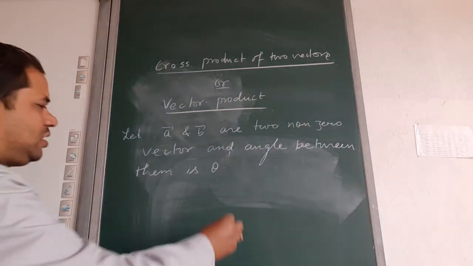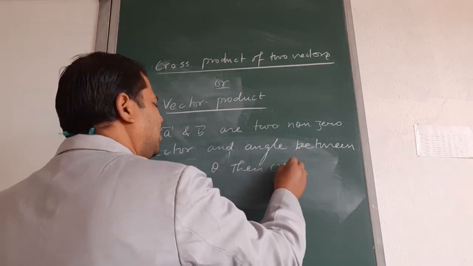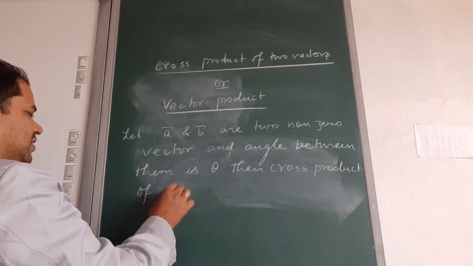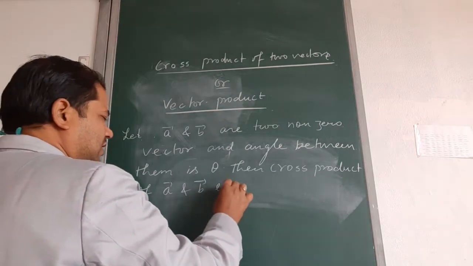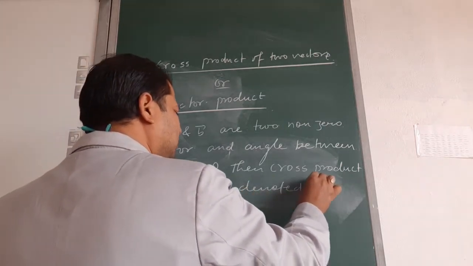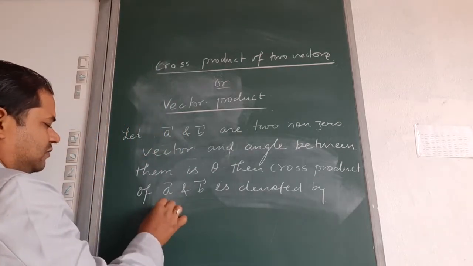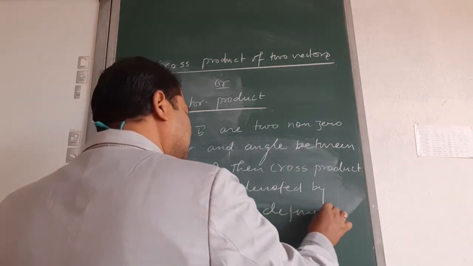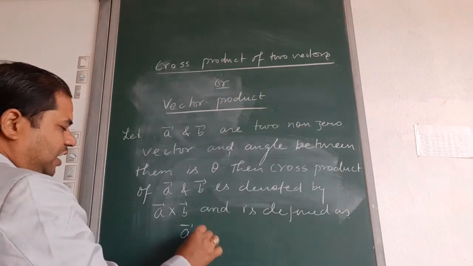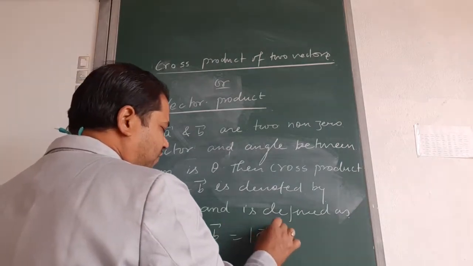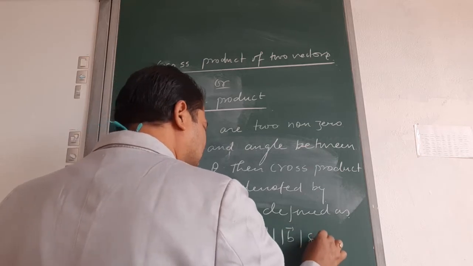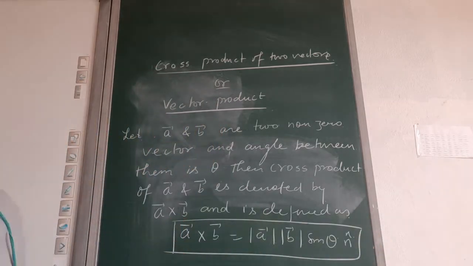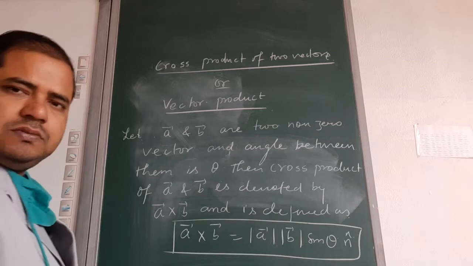Then the cross product of vectors A and B is denoted by A cross B and is defined as A cross B equals mod of A, mod of B, sin theta n cap.